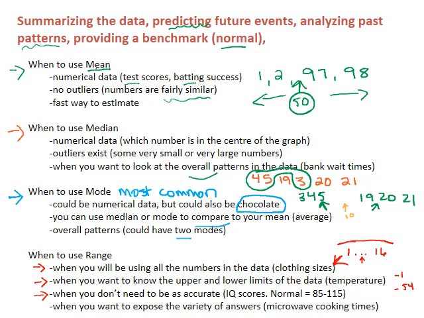If you're just reporting, say, IQ scores, they wouldn't normally give you a one number IQ score. They would give you a range, and they would say, well, we tested your IQ, you're normal, which means your score is somewhere between 85 and 115. They do this for a couple of different reasons.